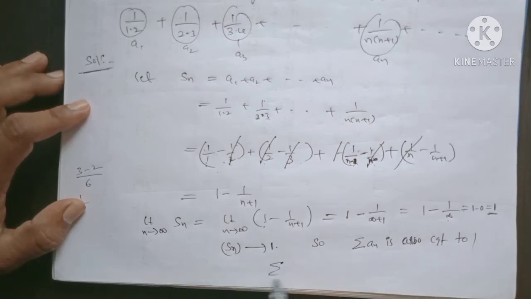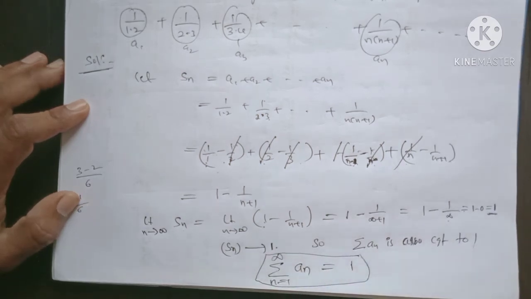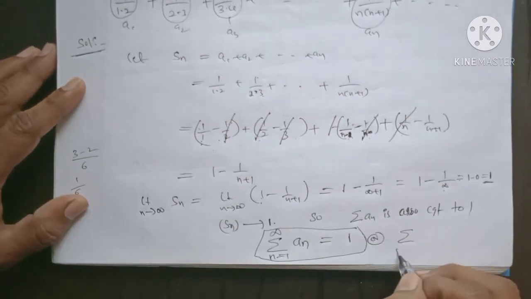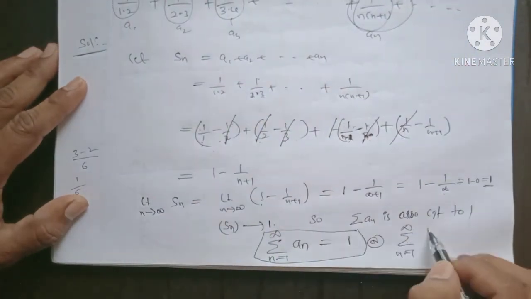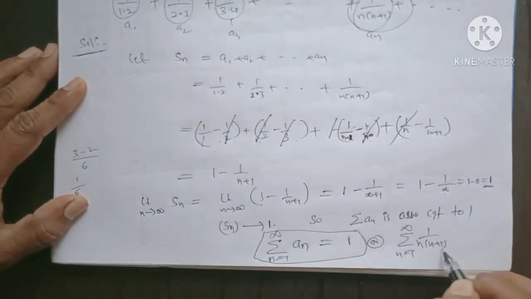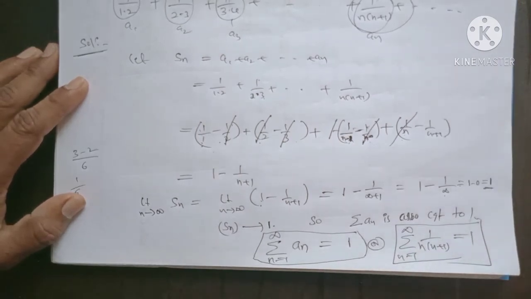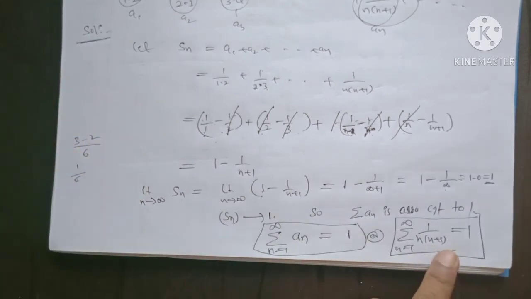We can write this as the sum from n equal to 1 to infinity of an is equal to 1, or the sum from n equal to 1 to infinity of 1 by n into (n plus 1) is equal to 1. The total value of this infinite series is 1.